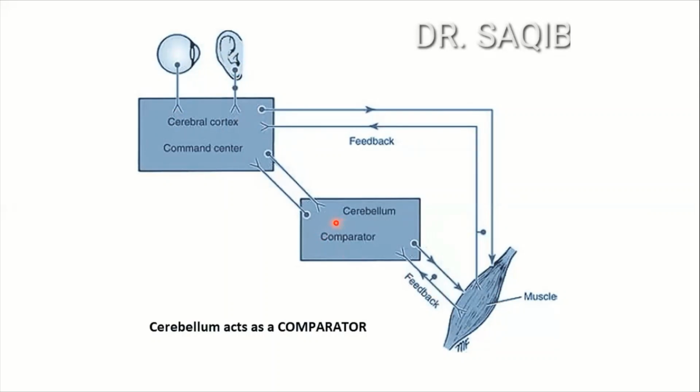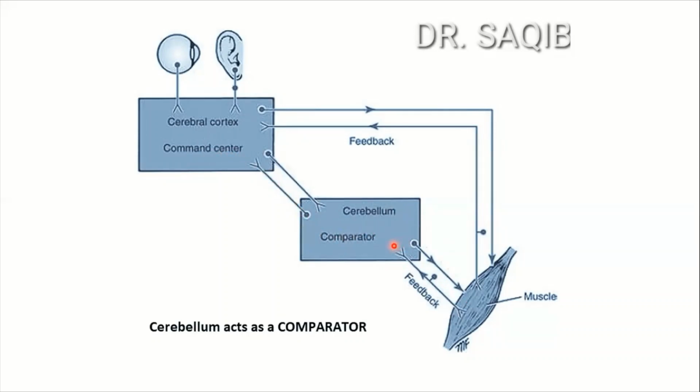And now let's see what the cerebellum is doing, which is the comparator for the movement. The cerebral cortex sends information to the cerebellum, which sends information to the muscle, right? And this feedback is taken to the cerebellum back from the muscle, and then the comparator transmits to the cerebral cortex.